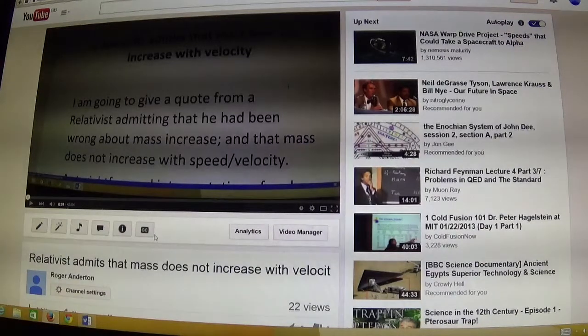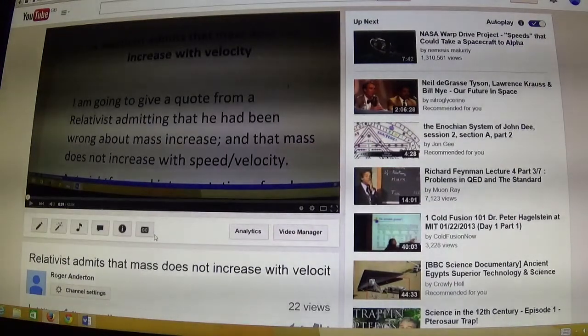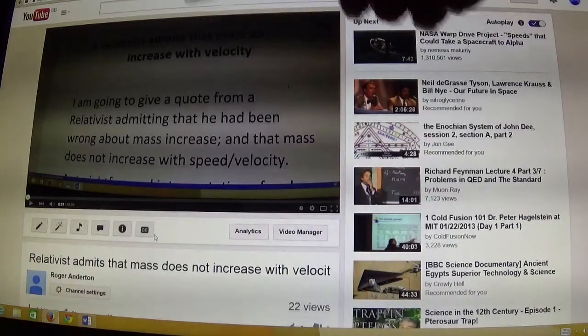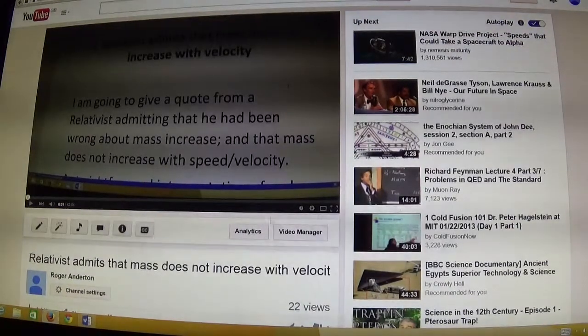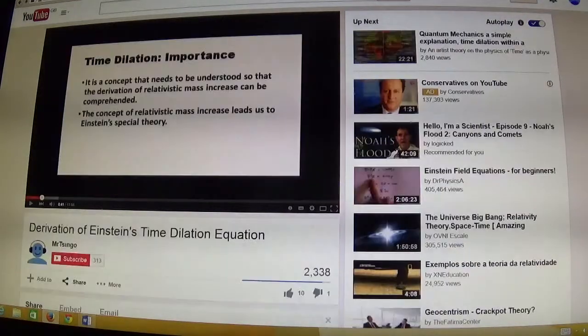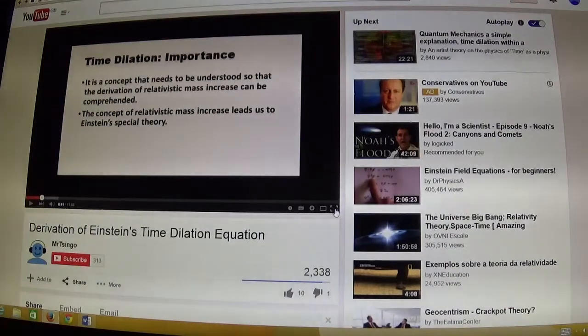So I've got an example of this relativist who admitted that it is a mistake to say that mass increases with velocity, and he's still trying to hold on to special relativity, just not with the mass increase thing. So it's led to all sorts of confusions just from this idea of mass increase, and they're trying to knock out the idea of mass increase with velocity to overcome the problems there. So we go back to the video. What we're concentrating on now is the time dilation bit.